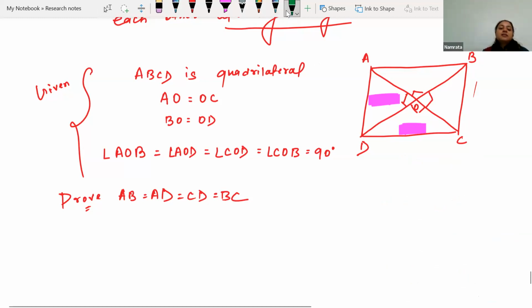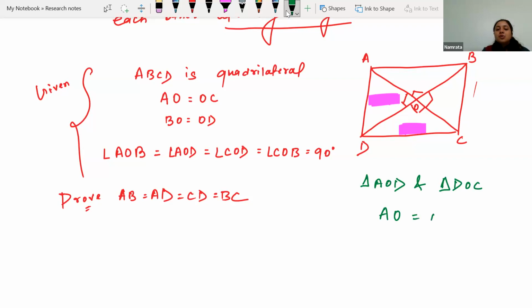So let's take triangle AOD and triangle DOC, and see whether it is possible to prove congruence. We know AO from here is equal to OC from there, right? Yes, ma'am.